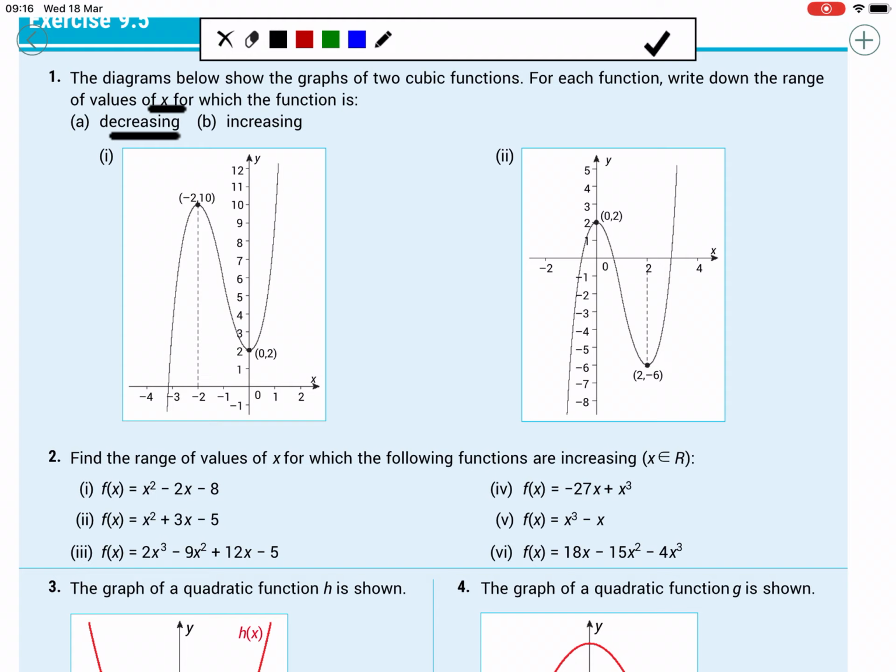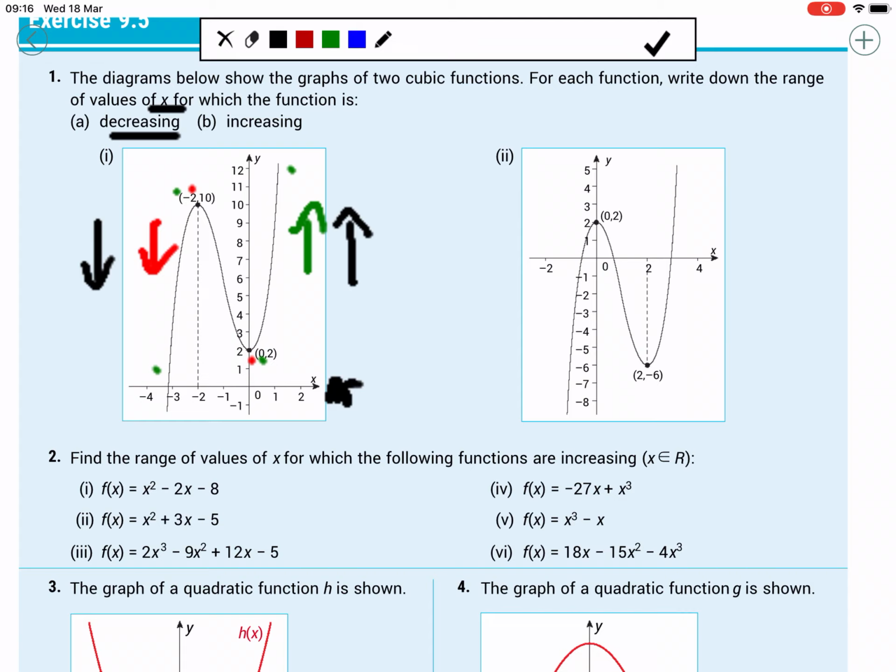Whereabouts on the x-axis is the value going down, or whereabouts is it going up for part B. We can see in the curve that from here to here it is decreasing, and in two instances, from there to there and from there up, it is increasing. So we can see those parts on the graph.